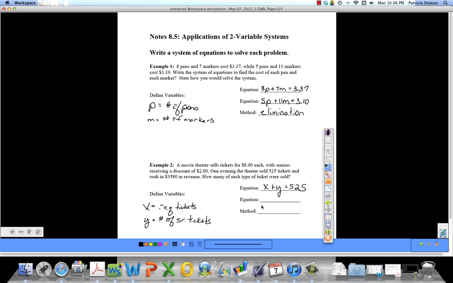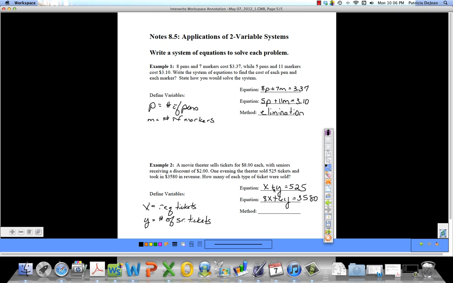And the next one's going to have to deal with how much money they made. They made $8 for every regular ticket, plus $6 for every senior ticket, and the total amount they sold was $3,580. So in this type of question, you're always going to have one equation that deals with how many there were, and the other one that deals with the money.